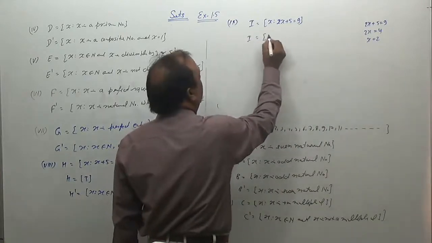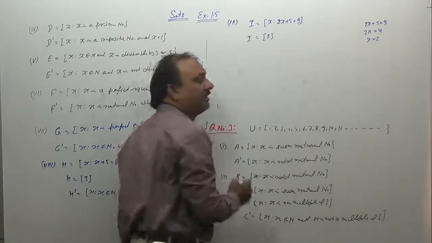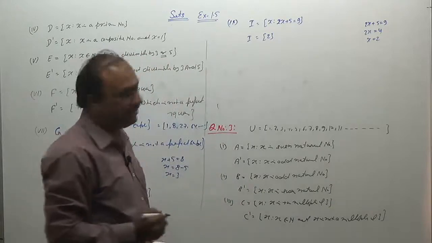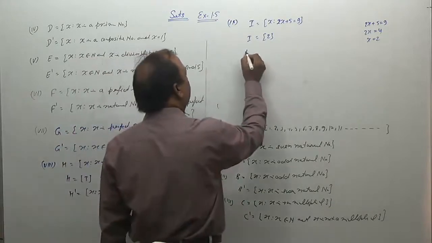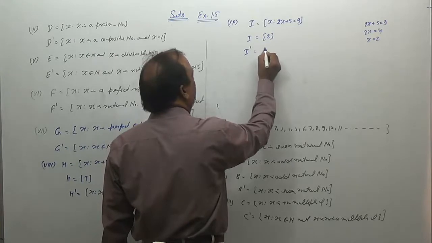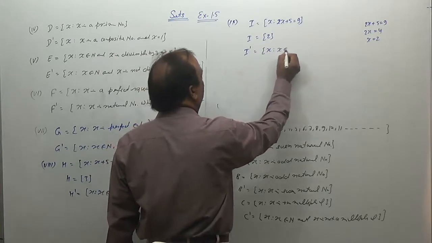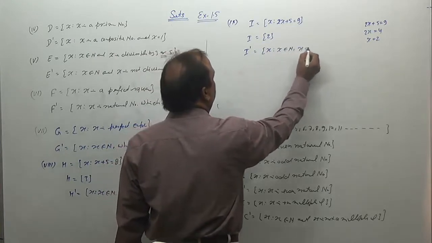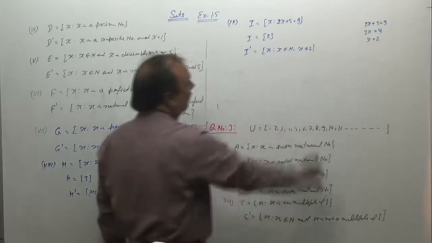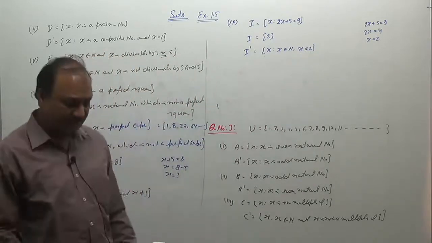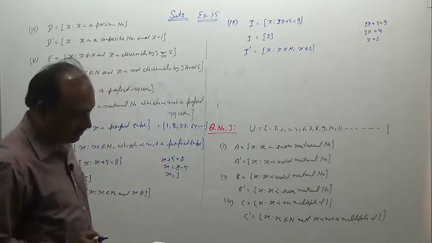So we can say that this is also a singleton set which contains the element 2 only. So its complement is x such that x is a natural number except 2. So the set of natural numbers except 2 is the conjugate or complement of set I.